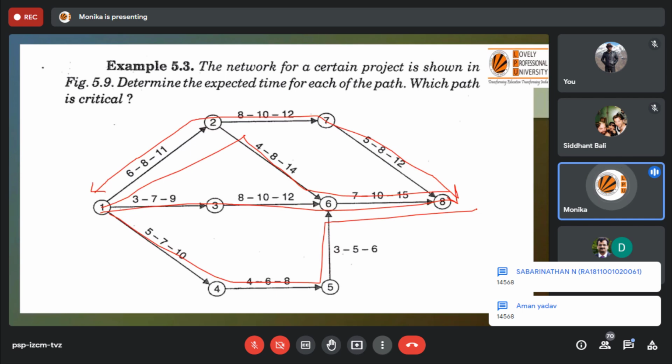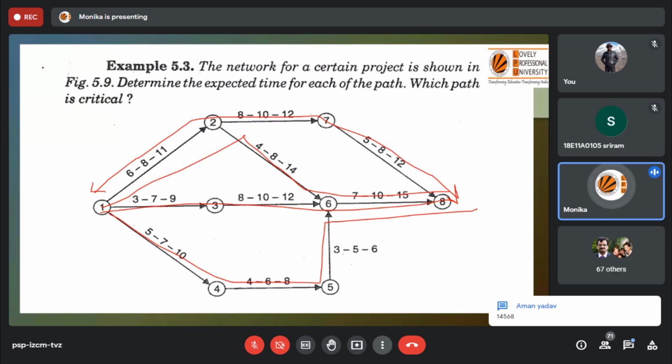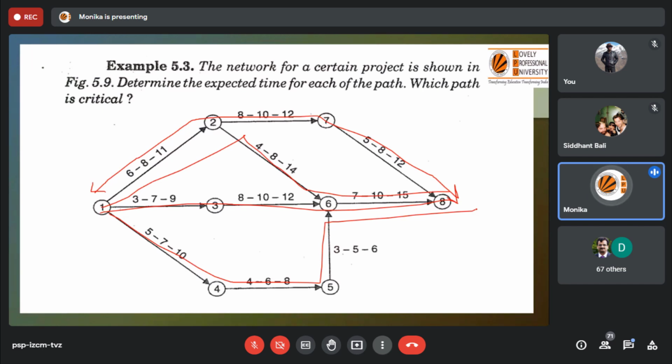Now see, as I have discussed with you, we need to see which one is critical, or what the total duration of this project or network is. This network is actually telling about the project activities, right? The question is that you need to determine the expected time for each path, and then identify which path is critical. You have two ways to solve this.